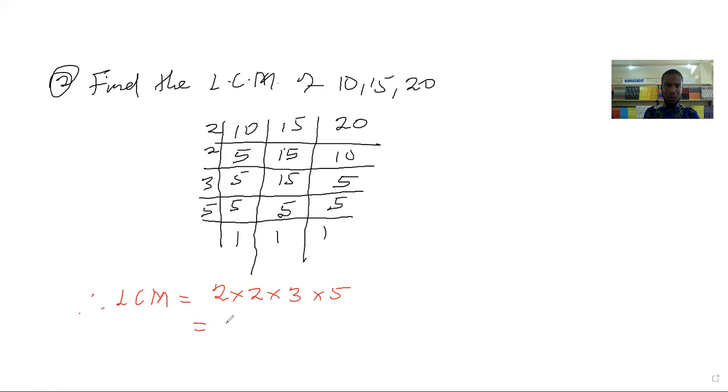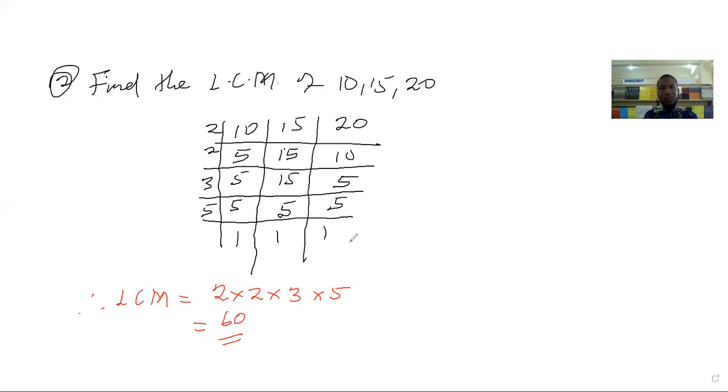And this will give us 3, 5, 15. 15 times 2 is 30, times 2 is 60. So therefore, the LCM of 10, 15, and 20 is 60.